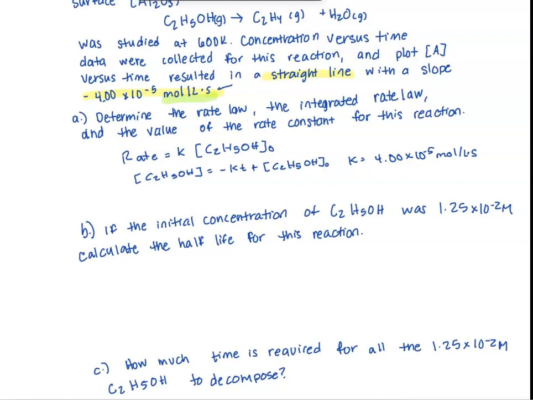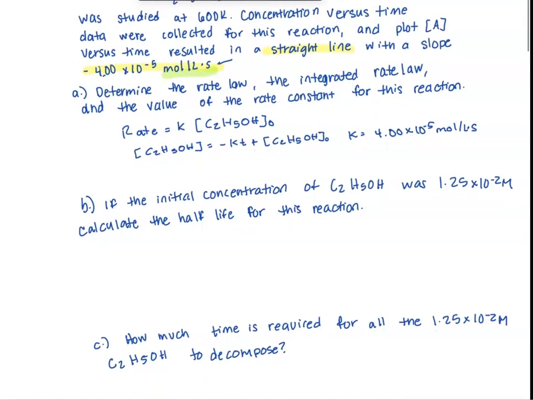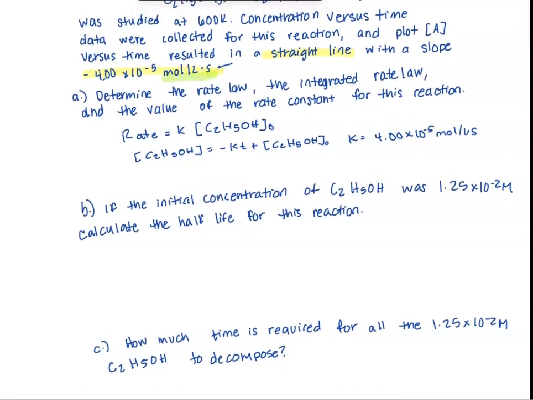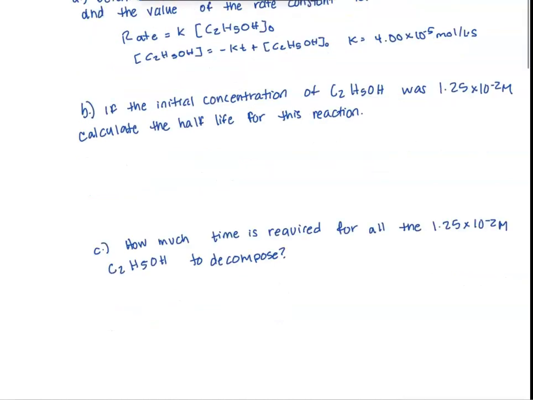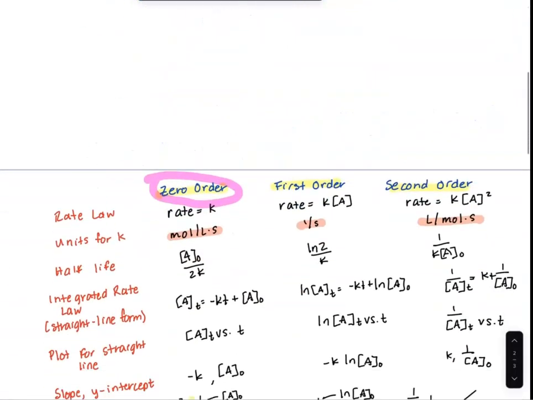For the first question. For the second part of the question, now it asks us for the half-life. It asks if the initial concentration of C2H5OH was 1.25 times 10 to the negative 2 molarity, calculate the half-life for this reaction. Now, a particular order has a different formula that you have to utilize in order to figure out what the half-life is.